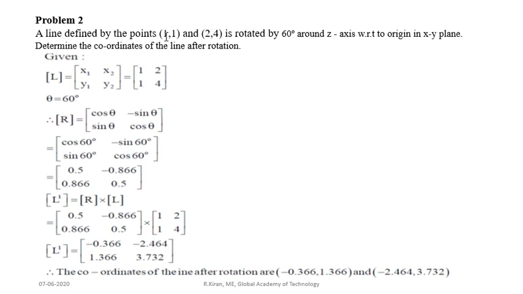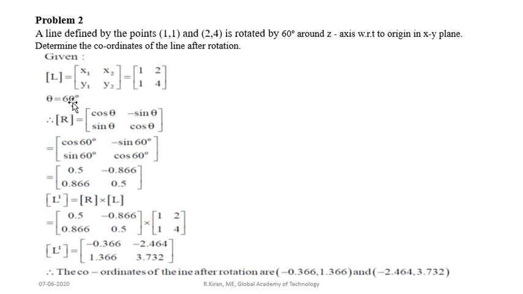This is represented by x1 y1 and x2 y2, where x1 y1 is given by 1 comma 1 and x2 y2 is given by 2 comma 4, which is rotated by an amount theta equal to 60 degrees around the z axis with respect to the origin in the xy plane.